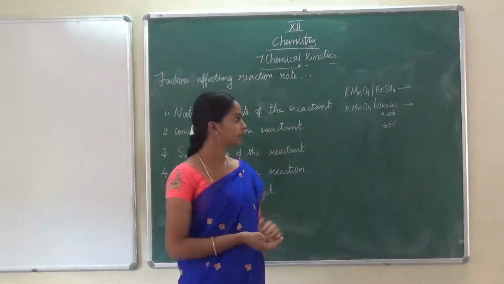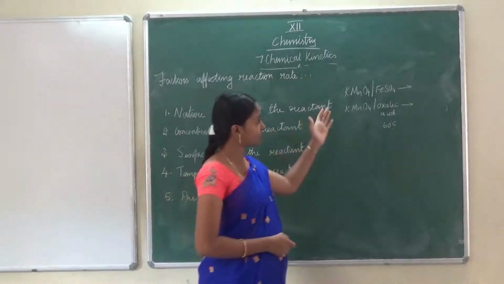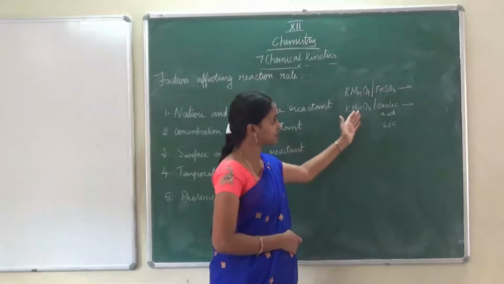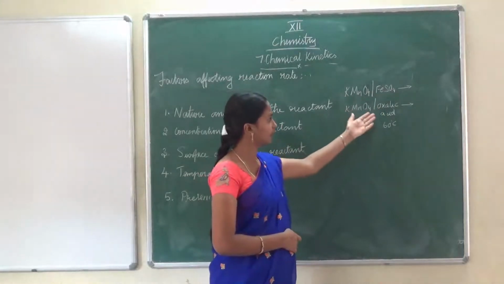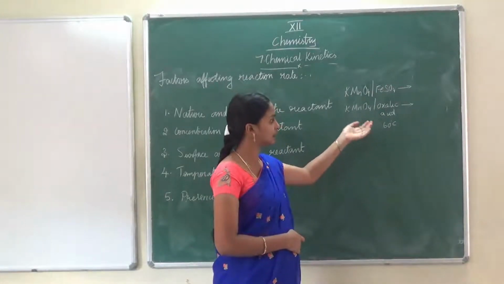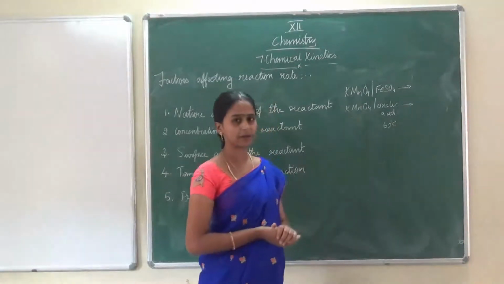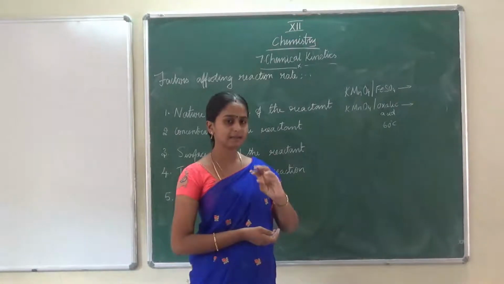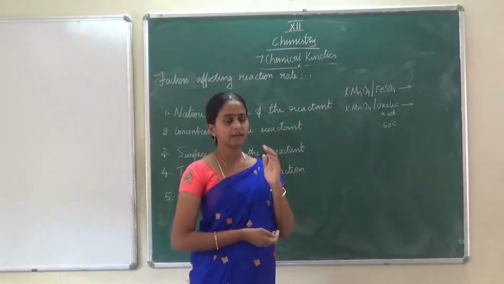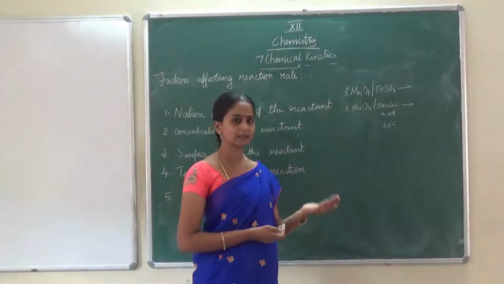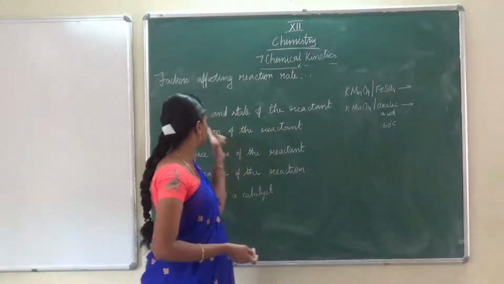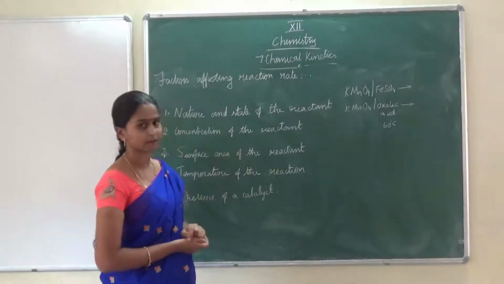So the same type of reagents, all in liquid state, yet oxalic acid requires some temperature, but for ferrous sulfate, no need. Like that, based on the reactant nature, the rate of the reaction will increase or decrease. So nature can affect the rate of the reaction.